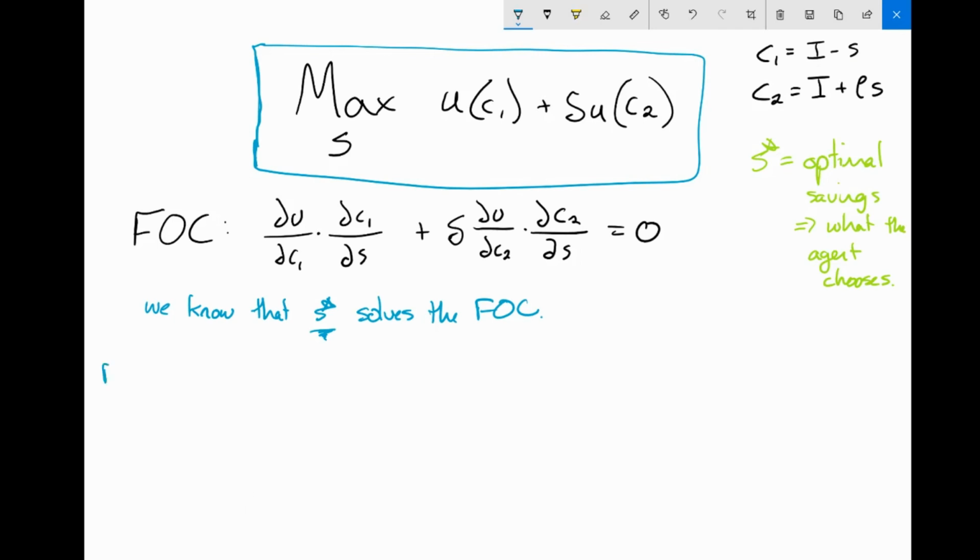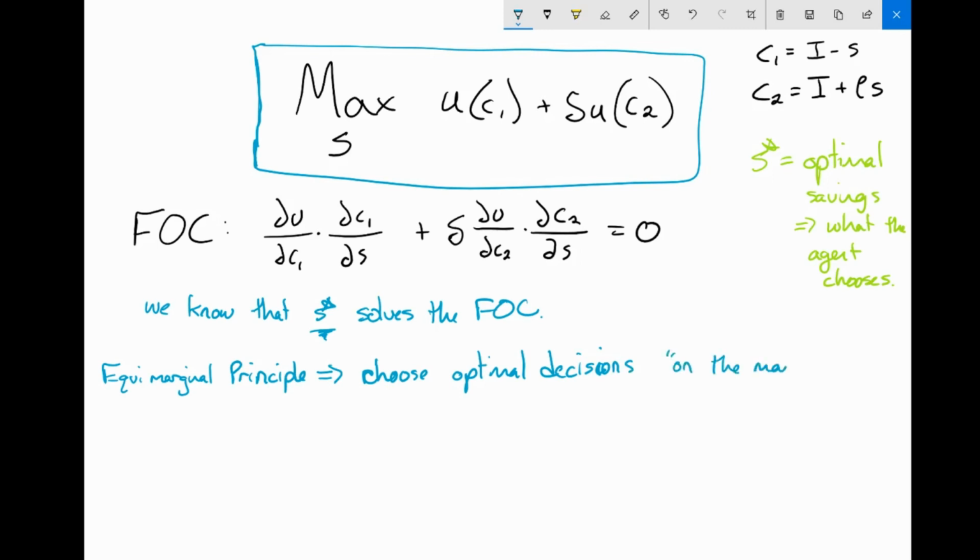We know from the first lecture the equimarginal principle. The equimarginal principle means that people choose optimal decisions on the margin, right?